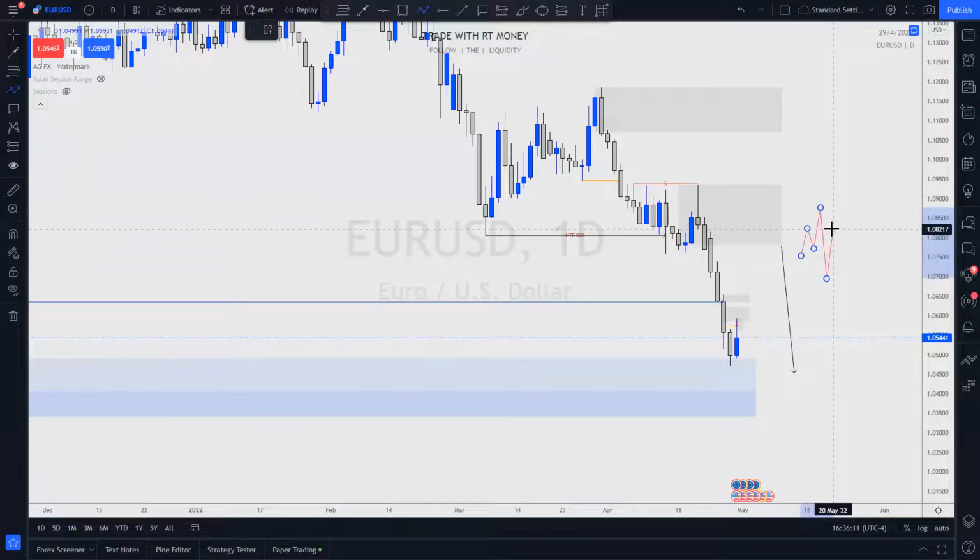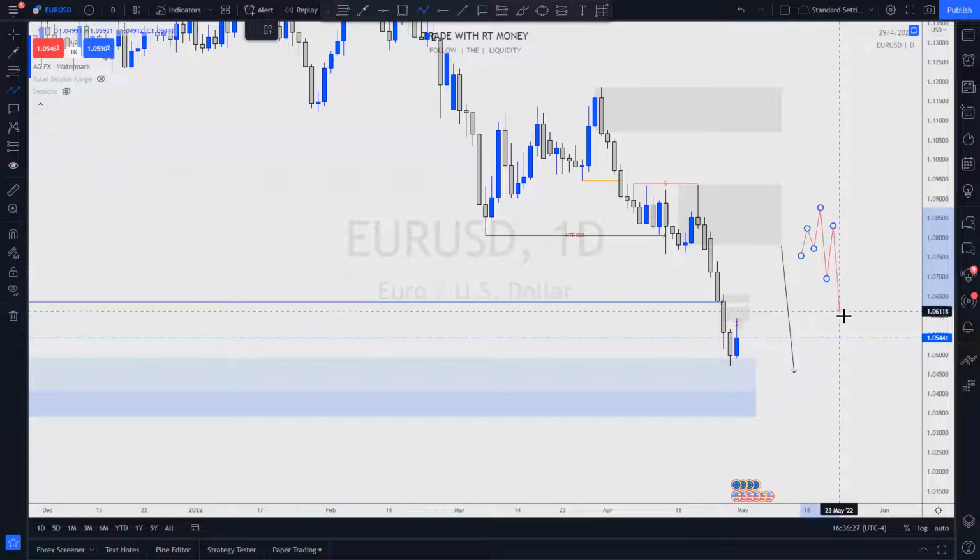And once we break structure, I'm looking for a return to impulse somewhere in this leg of structure here. Usually the originating impulse that led to the break of this pullback low.